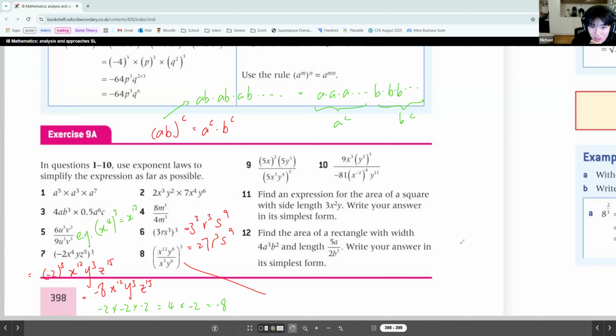Hannah, you simplified that side and didn't simplify the other side. It's a fraction, you could simplify more. Hannah, that is close. Yes, now it's correct. All right, Hannah, do question 10.